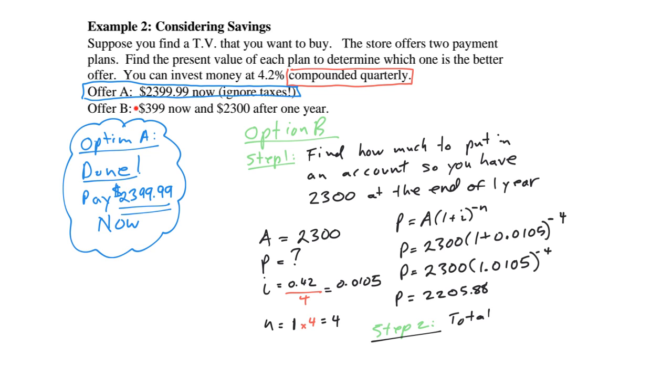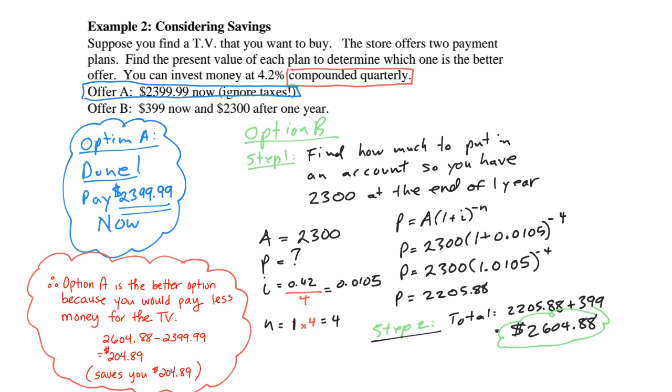And then we also have to add that $399 to find out the total amount of money that we put in. So that total is $2,604.88. Now, when we compare option A to option B, we're going to say, therefore, option A is better because it's cheaper.